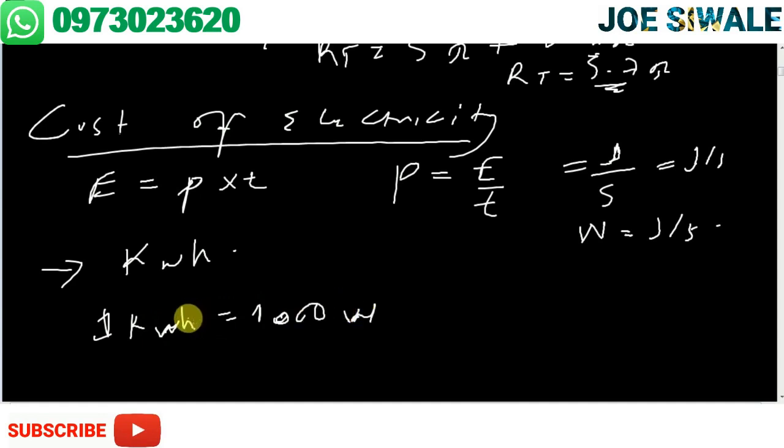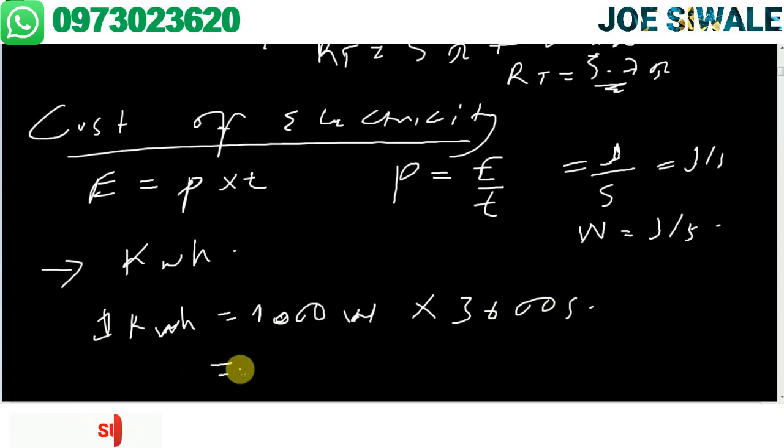Since it's in hours there, we know that when we convert 1 hour to seconds, we are going to have 3600 seconds.